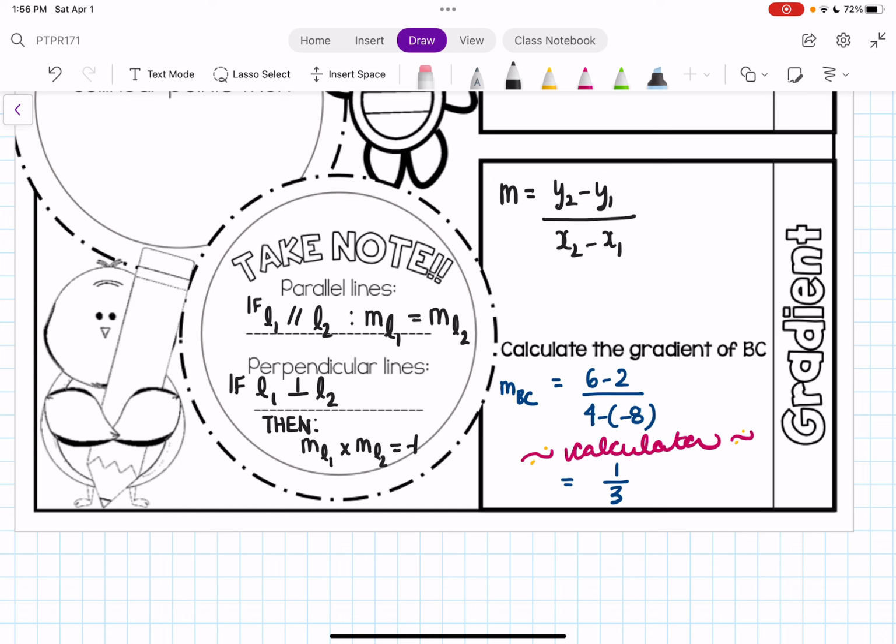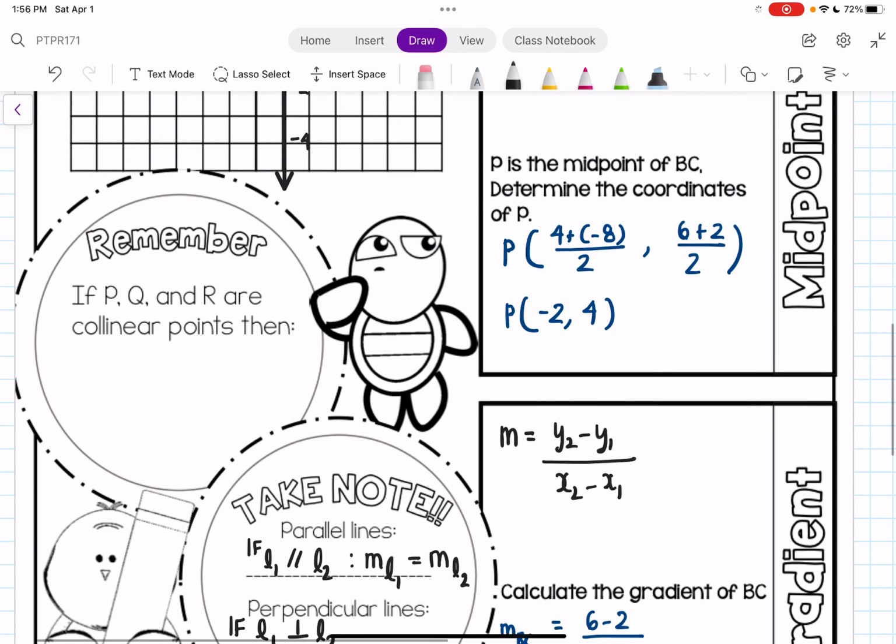They both mean the same thing. So if I gave you two gradients, and you see that when you multiply them you get negative 1, then you would know that those two lines are going to be perpendicular. Or if I told you they are perpendicular, then you know that their gradients have to multiply to negative 1.